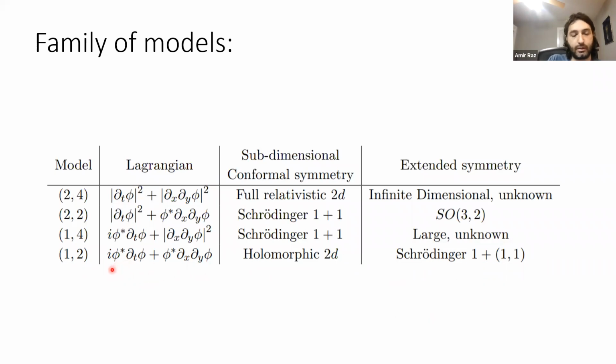Like I argued, if you think of phi as a fermion, then this theory has a great spectrum. Everything is fine, but somehow the subdimensional holomorphic conformal symmetries created a Schrodinger symmetry with some weird signature.